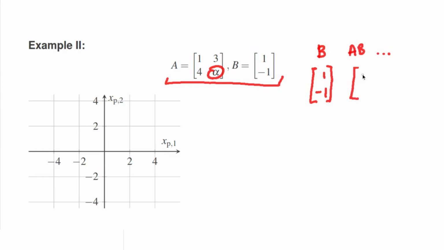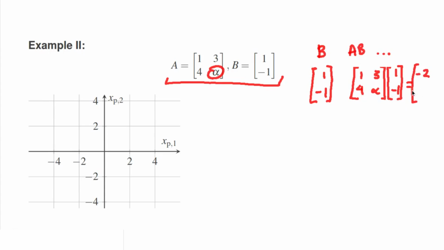A is 1, 4, 3, alpha. And we need to multiply this by B. And if we evaluate this matrix product, we get 1 minus 3, which is -2, and 4 minus alpha.